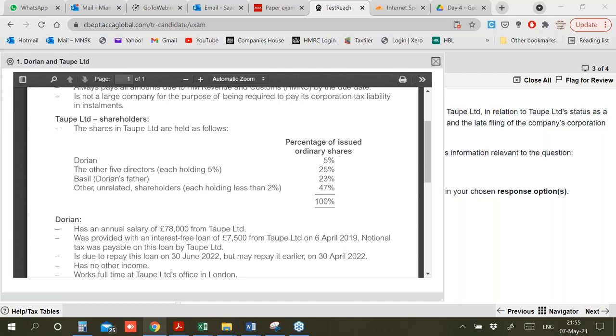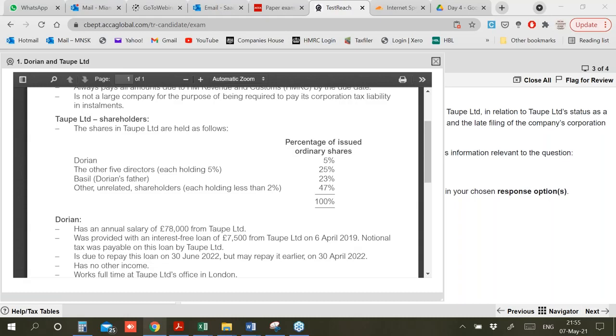I know it's a new concept. The examiner has never tested the closed company in such detail before, but it is an opportunity for us to learn it. So do remember that if the 5 largest shareholders are controlling the company, then it can be a closed company, as can any number of shareholders who are also directors.